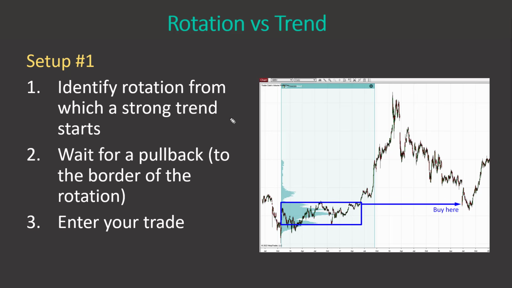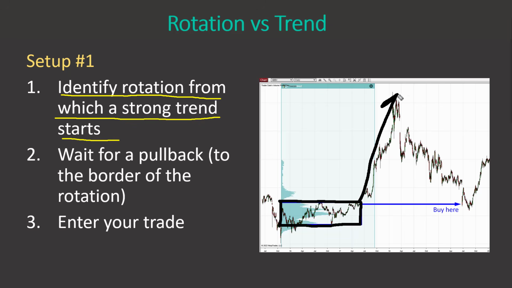And here are the steps to trade this setup. So first thing you do is you identify a rotation from which a strong trend starts. Like on that picture, right? So there's a rotation, price is going sideways, and from there, there's a strong trend. That's the first step.